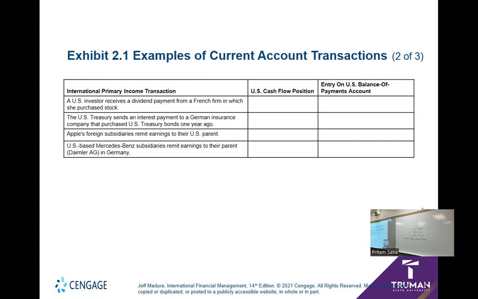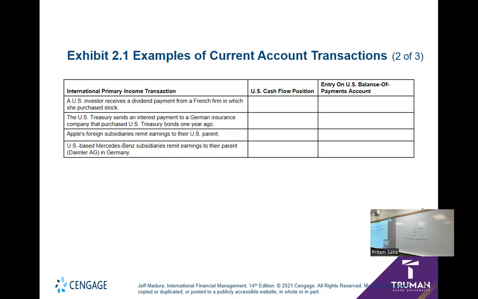Third one. Inflow, outflow for financial asset, or inflow for financial asset or inflow for real asset? Real asset, right?